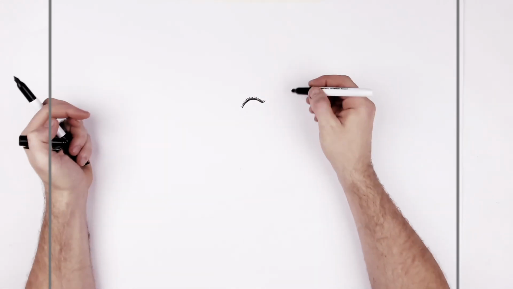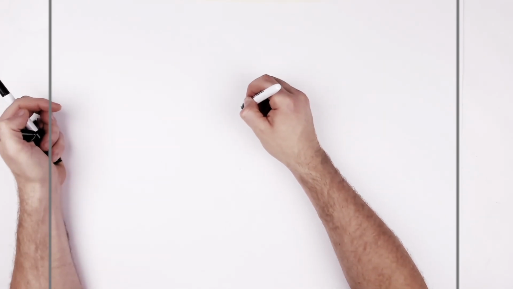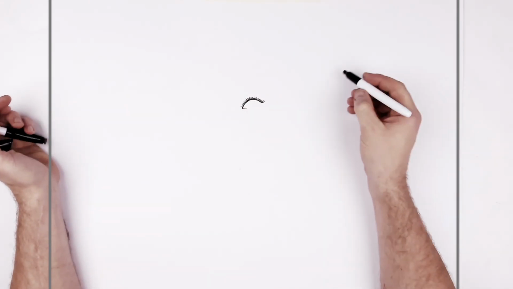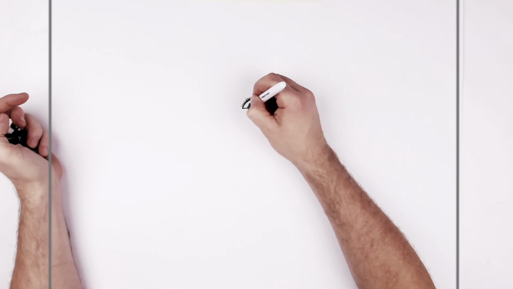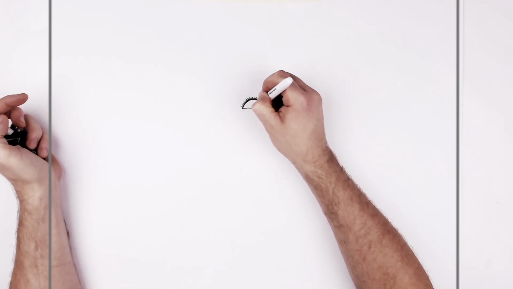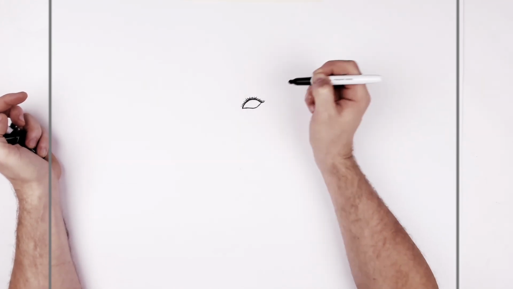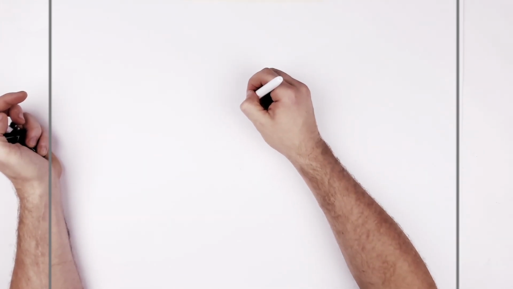Okay, like loads of eyelashes, right? And then we've got a spike for her tear duct, and then this curves around the bottom of her eye and back up into the corner there. And then tear duct just about there.